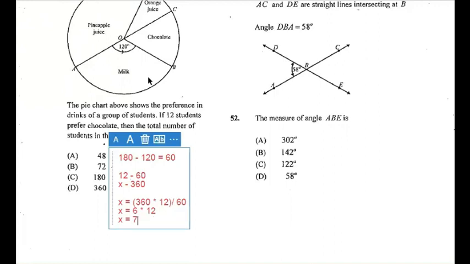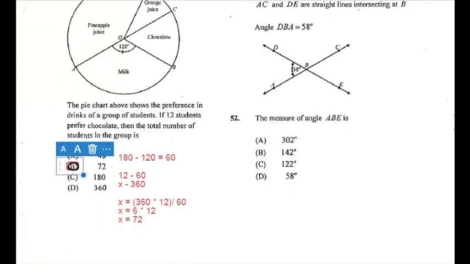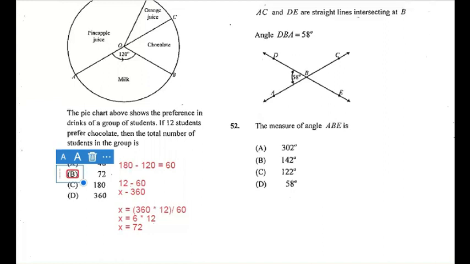So therefore x is equal to 72. So we're always trying to simplify our fractions, whatever equation we're working with, because we don't have calculators in the exam. So we're trying to find the easiest way to maximize marks and get our answer. So 51 is B.